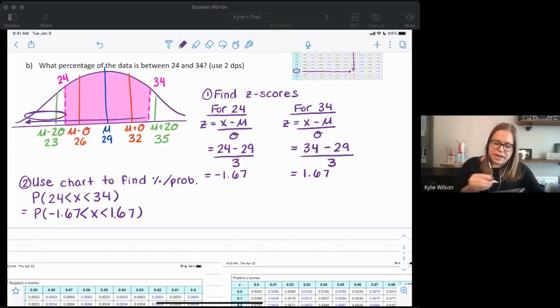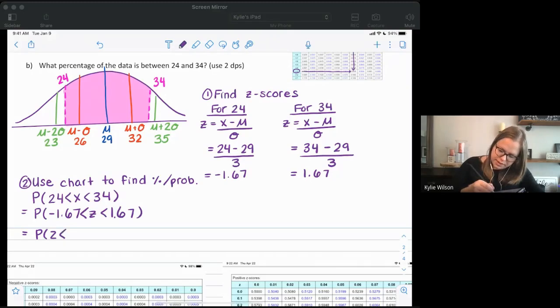Now this part here is all of the points less than 24. So we'll have to do some subtraction. So what happens is my percentage of points, oops, this should have been a Z, I apologize, less than 1.67, and we're going to subtract the percentage of points less than negative 1.67.